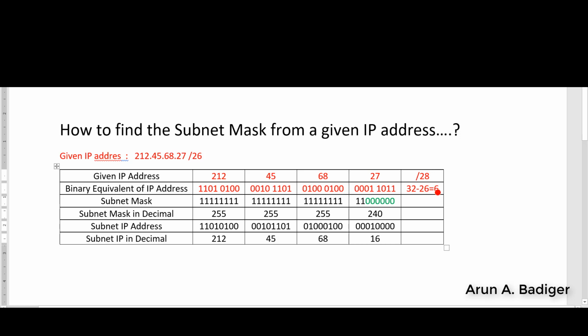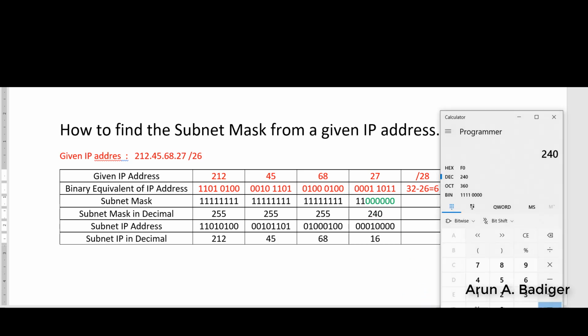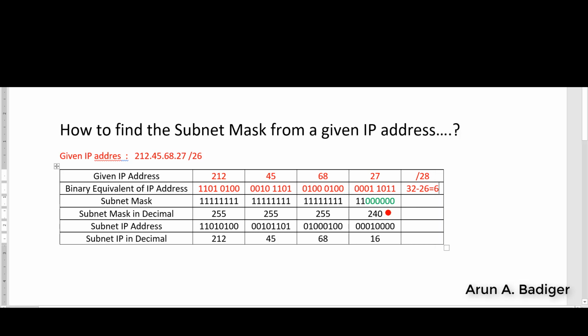Now 6 bits will be zeros in this subnet mask. When I convert this from binary to decimal, let me try 1 1 1 2 3 4 5 6. So when I enter this and convert it into a decimal value, it is 192. So instead of 240, it has now changed to 192.